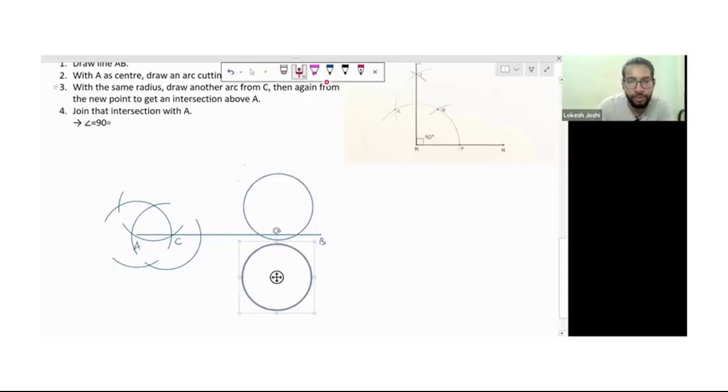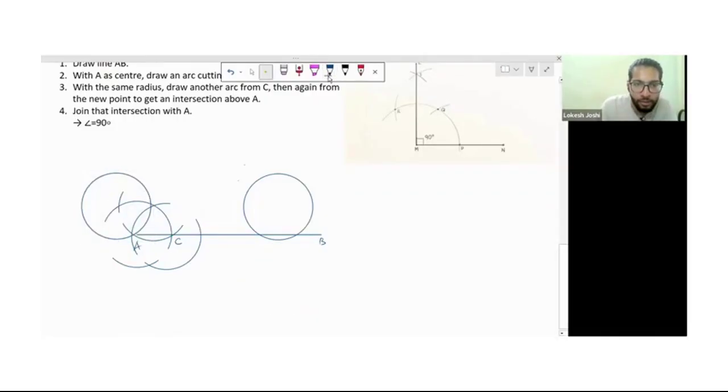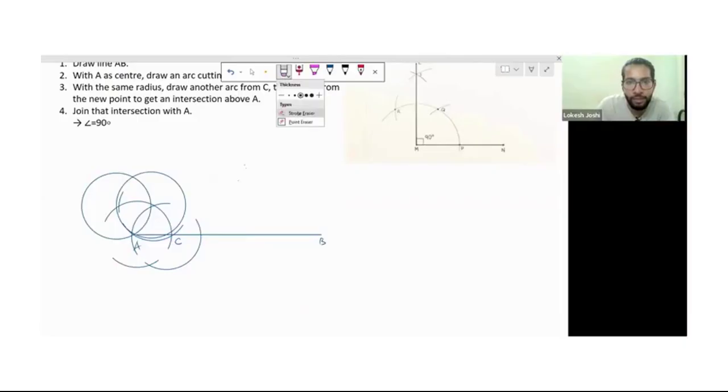Now it's very simple. With this point as center and this point as the center, they are intersecting at this point. So if we join this, it will be the angle bisector. Now let me erase all the things so that it will be easy to understand.